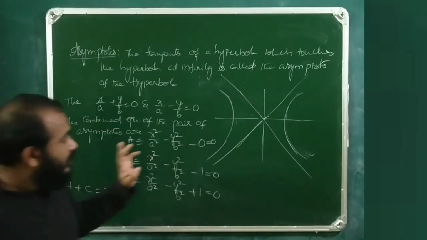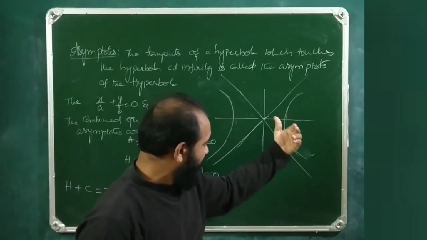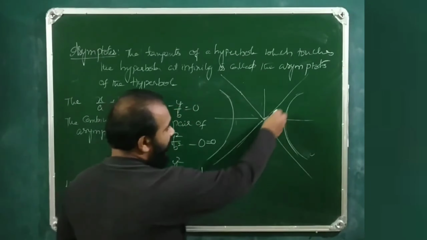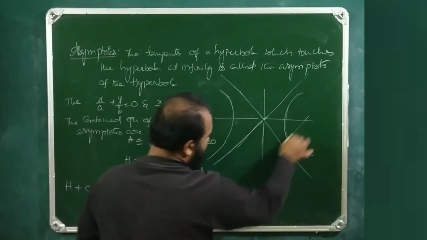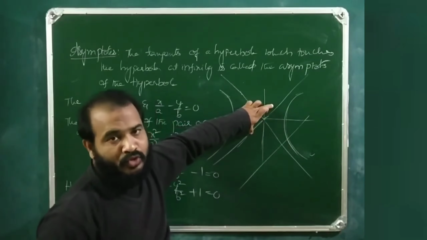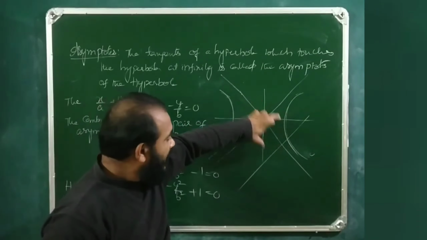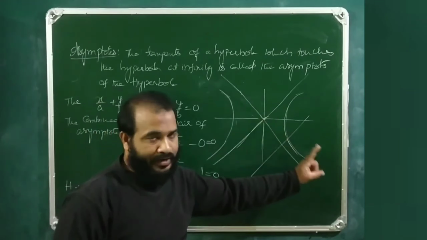And the next observation is that any line which is parallel to the asymptotes, for example this line, cuts the hyperbola at one and only one point.